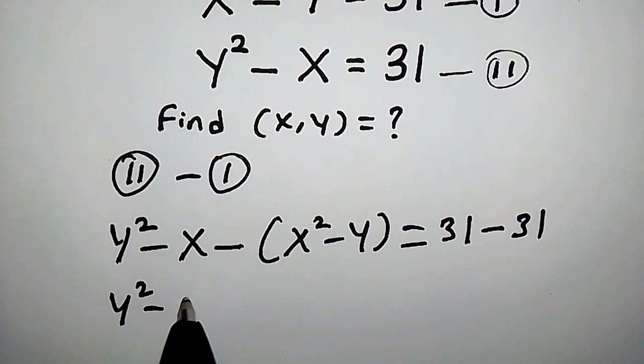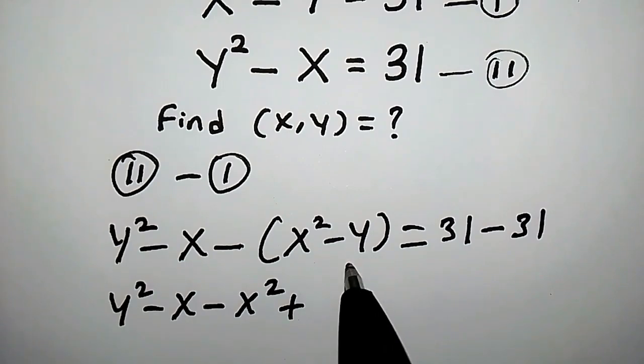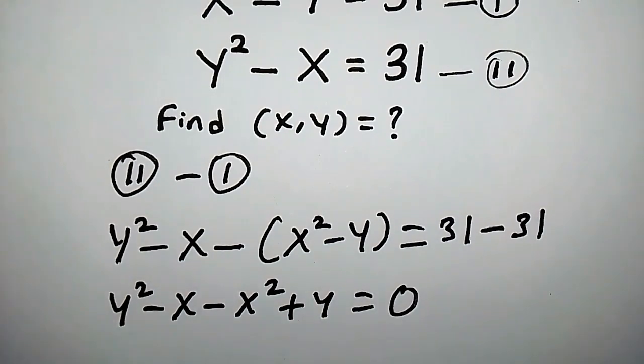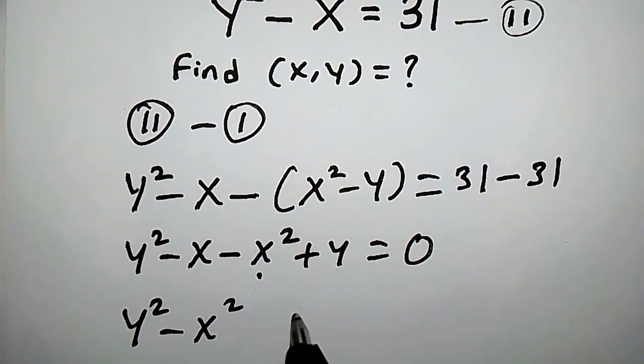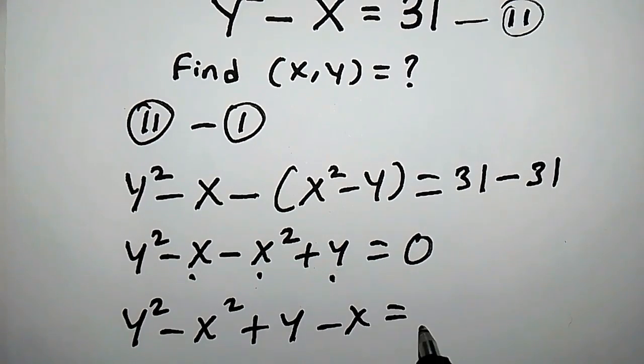Y squared minus x, minus times x squared, that is minus x squared, minus times minus, we have plus y, equals 31 minus 31, that is 0. So y squared minus x squared plus y minus x is equal to 0.